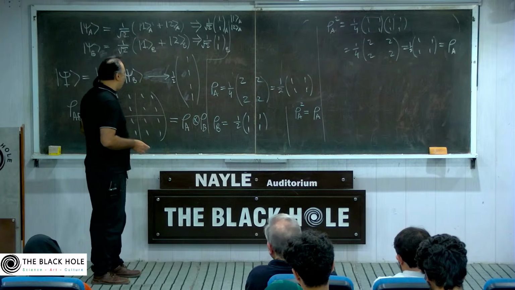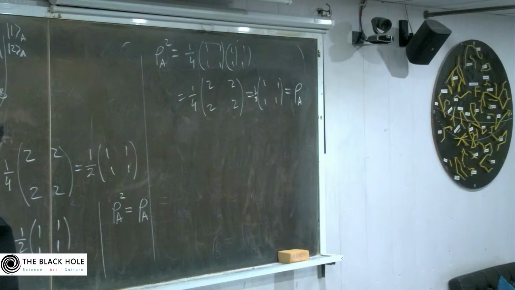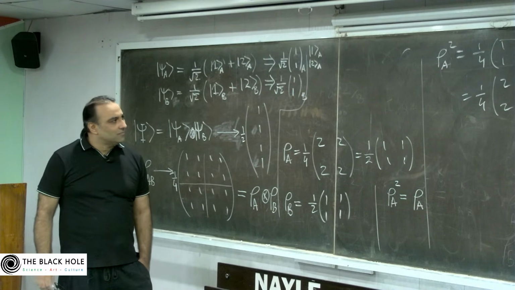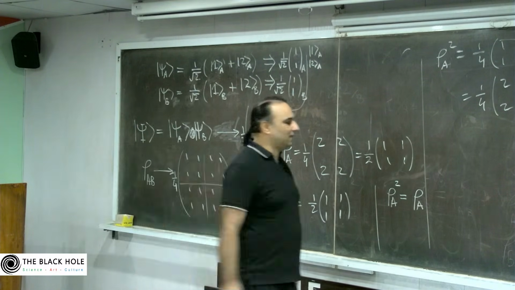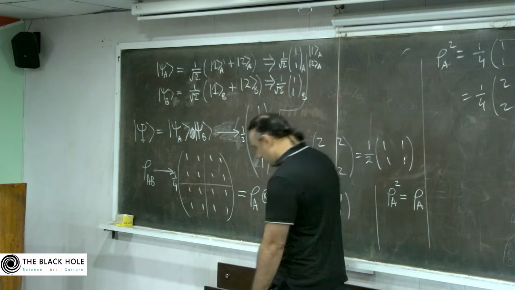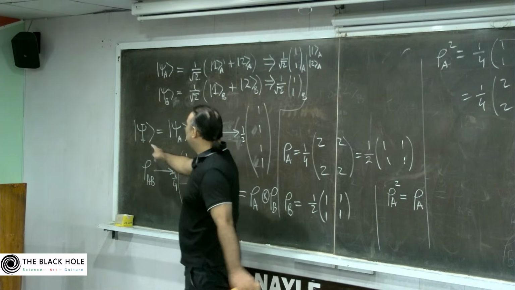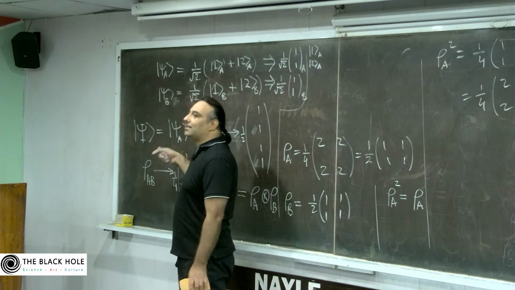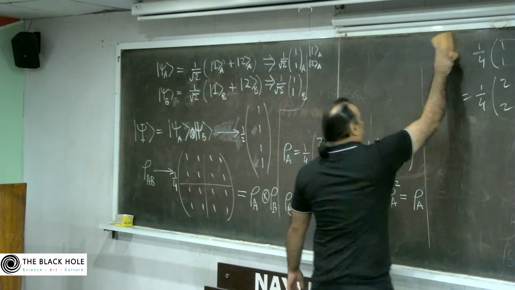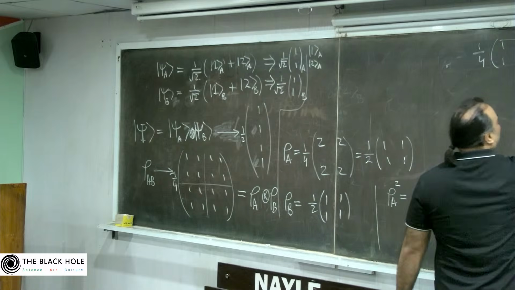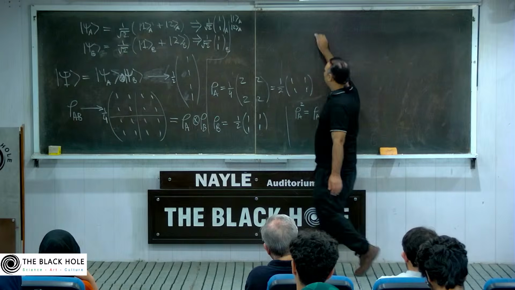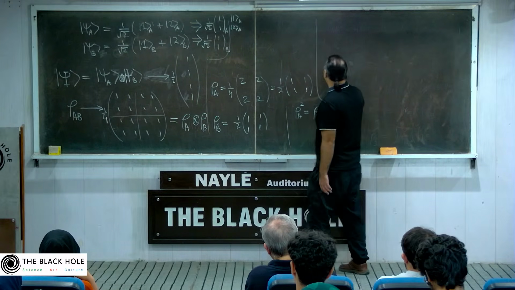Okay, so here we have one example. Let's take another example, and this time let's not form this state by a product, but write it directly in the Hilbert space of this composite system, and we will see that it cannot be written as a product. So your singlet and triplet look like this.